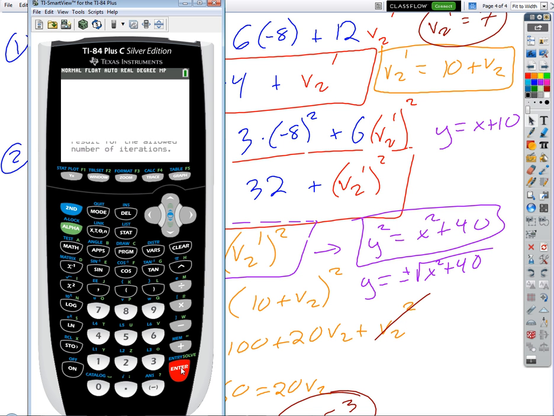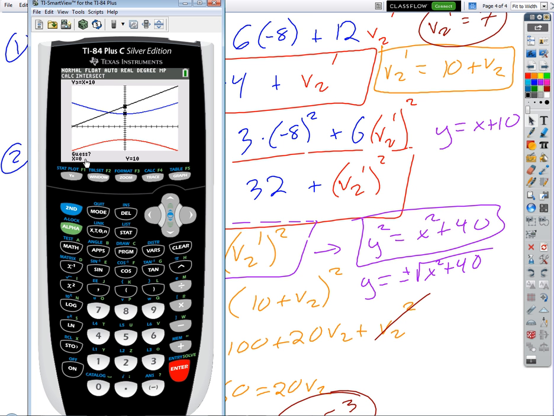Okay, so you gotta go second calc, intersect, but then I gotta choose the right curve. So there's the first curve, but then I've gotta hit the up arrow or the down arrow to get to the black curve for my second curve. Then I hit enter, and I can just hit enter again, and it finds it. X equals negative 3, y equals 7. What do you know? Those are our answers.